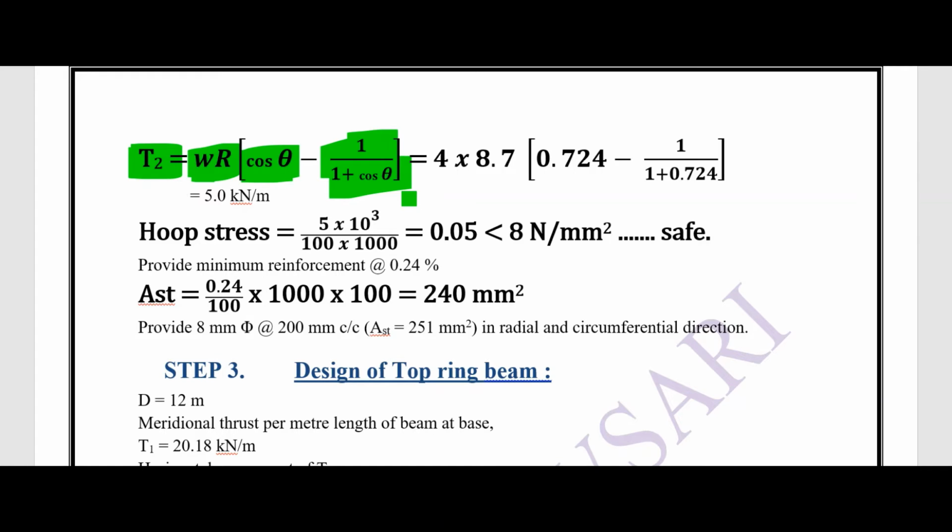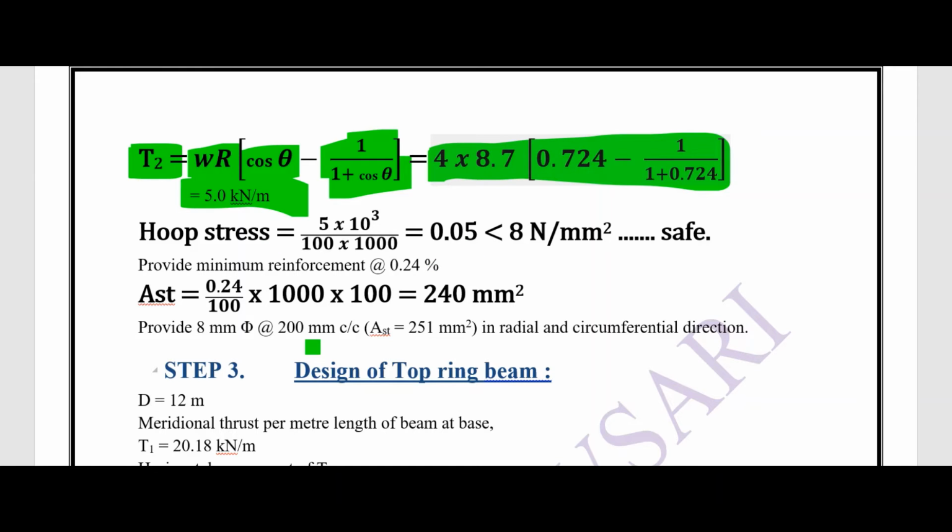In that equation we can put all the values here, and T2 means hoop force is 5. Now we can calculate hoop stress here, which is T2 divided by thickness into width, which we assume 1 meter width of dome.